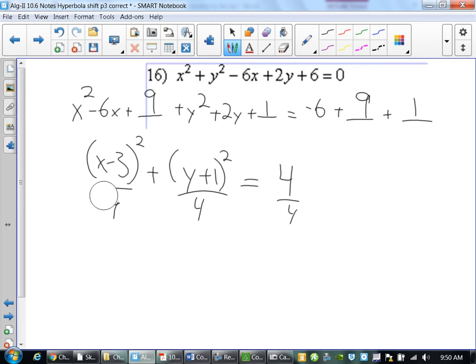So you know it's a circle when your a and b are the same. Does it have to be a plus sign? Yes. Otherwise, you could have a hyperbola with subtraction. So here you've got a circle at 3, -1 with a radius of 2.